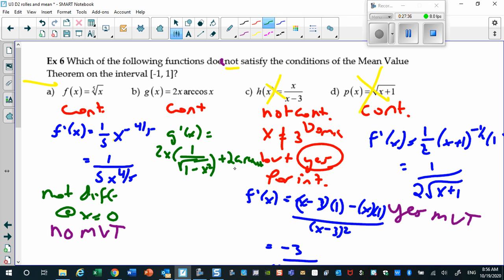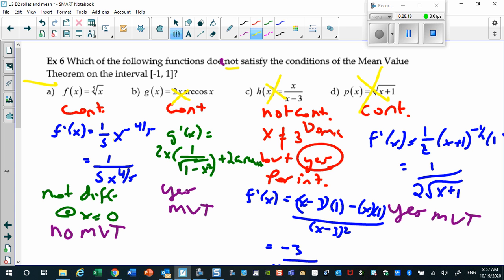It goes from 0 to pi, by the way. That would be what your y values will give you out for arc cosine. And again, this is okay, because I'm differentiable on the open interval, not the closed interval. So even though I'm undefined at 1 and -1, that doesn't matter because that is part of the open interval. So this one's good also. So the one that actually does not work is A.